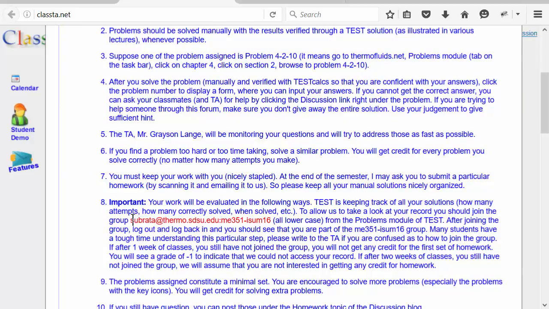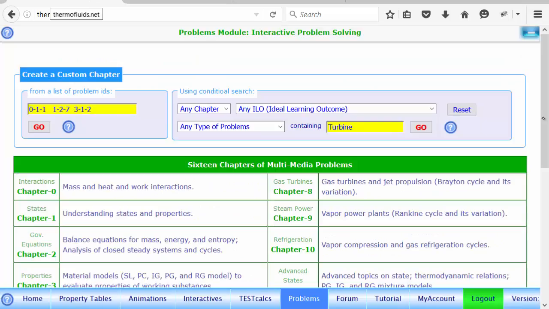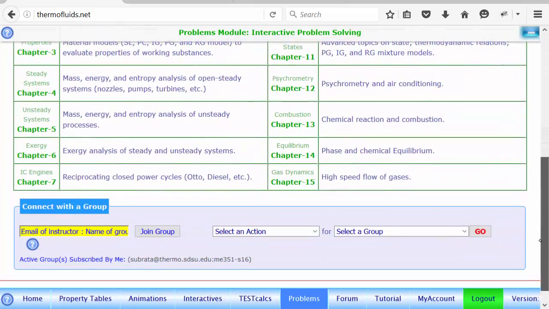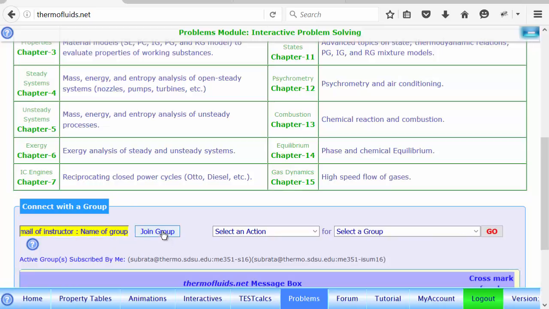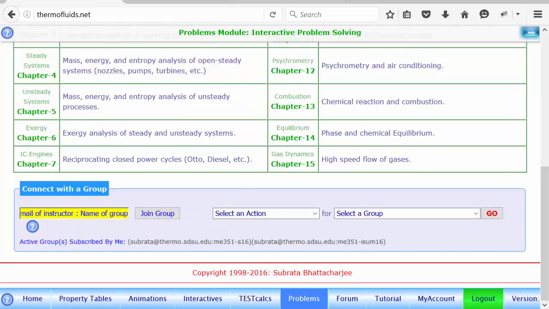So what I'm doing, I'm copying the entire group name from here, Control C, because typing it in, there's a good chance that we can make a mistake. So you click here in this yellow field and we paste that group name and we click join the group, and it says we have to say okay here, only then you have joined the group.